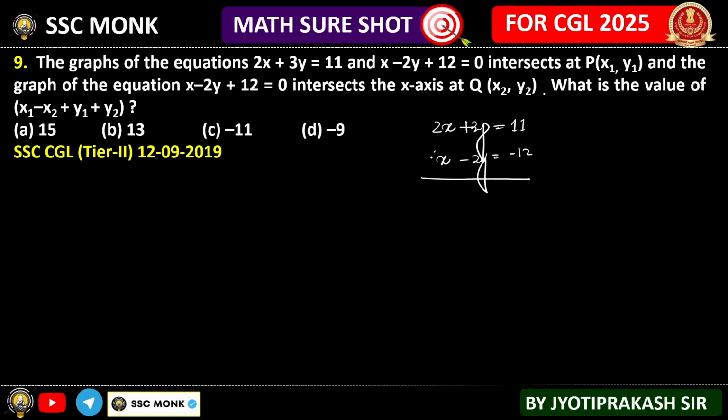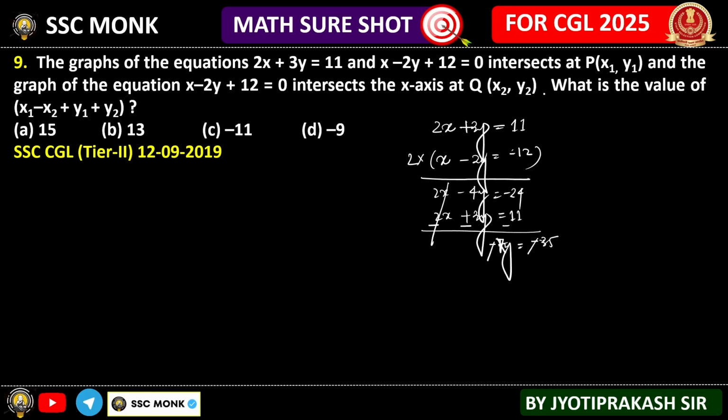Now if I find the intersection point, I will get the value of x and y. So what to do? I will multiply by 2 over here and I will deduct it. So this is 2x minus 4y, I can write 2x minus 4y is equal to minus 24. This will be 2x plus 3y is equal to 11. Now if I take the difference, it will be 2x minus 2x, 0, minus 4y minus 3y, minus 7y is equal to minus 24 minus 11, which is minus 35.